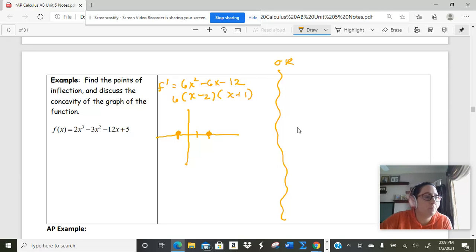Okay. So where would that be? Right in the middle of these two. For that, we could also say negative b over 2a. So 6 over 2 times 6 is 1/2. So 1/2 is right where they're going to be, and I know that this is a smiling parabola. Right in the middle there. So this is the graph of f prime.